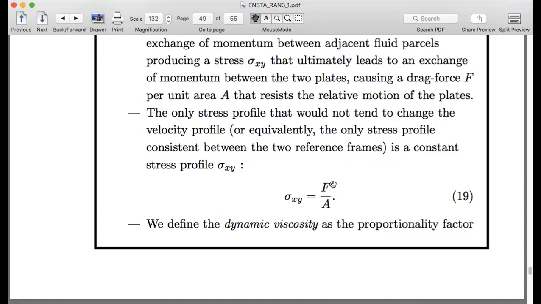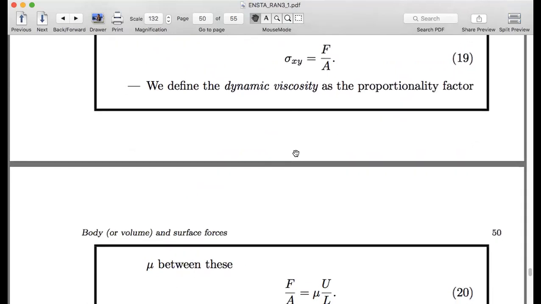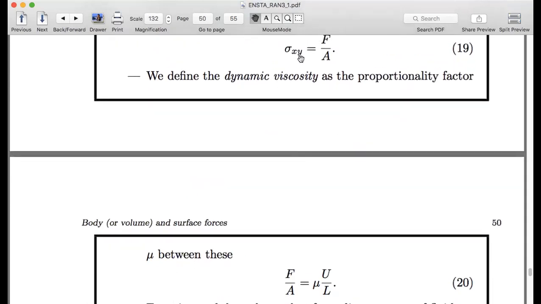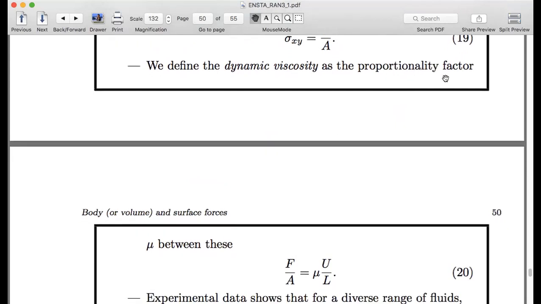This force per unit area we would get from the experiment, but then we're going to relate that to the properties of the fluid by defining the dynamic viscosity as the proportionality factor mu between the force per unit area and the velocity shear, the change in velocity divided by the distance between the plates.